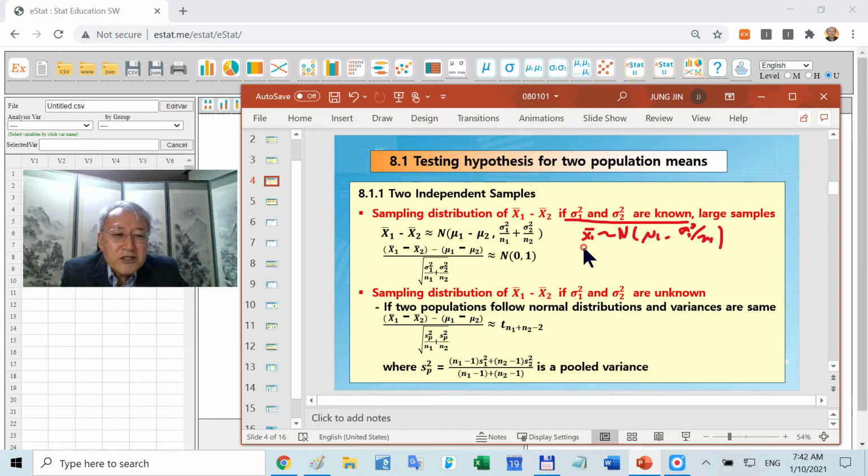Similarly, the sample mean x2 bar, if you collect the sample and calculate the sample mean, all possible sample means follow a distribution whose mean is mu2 and variance is sigma 2 square divided by n2.